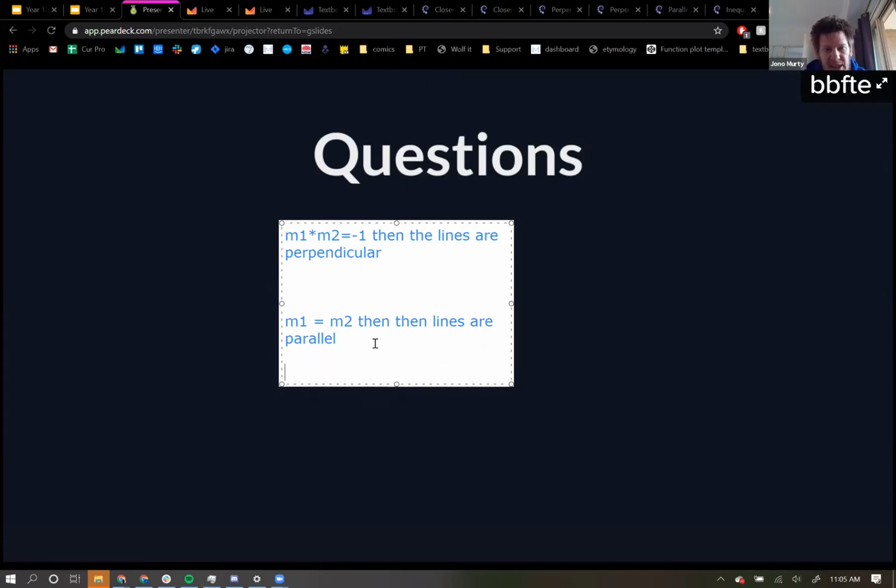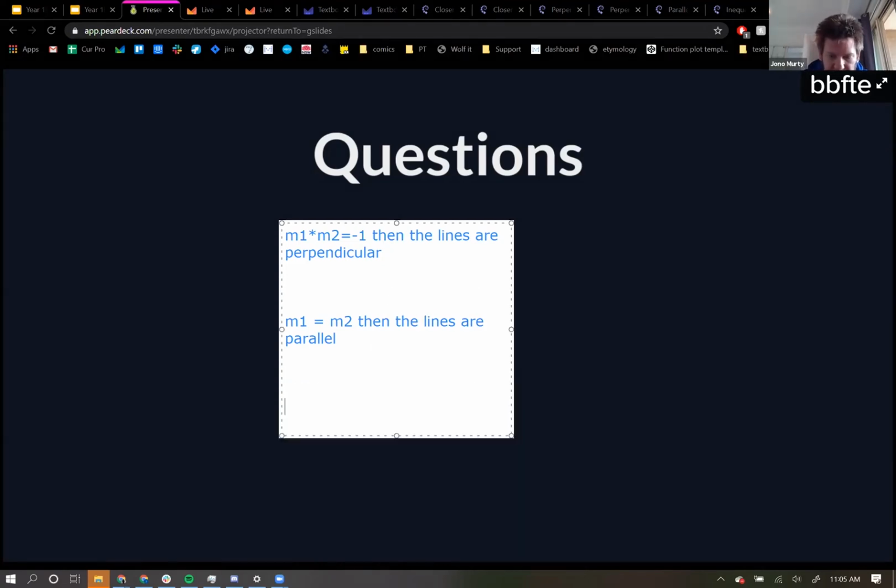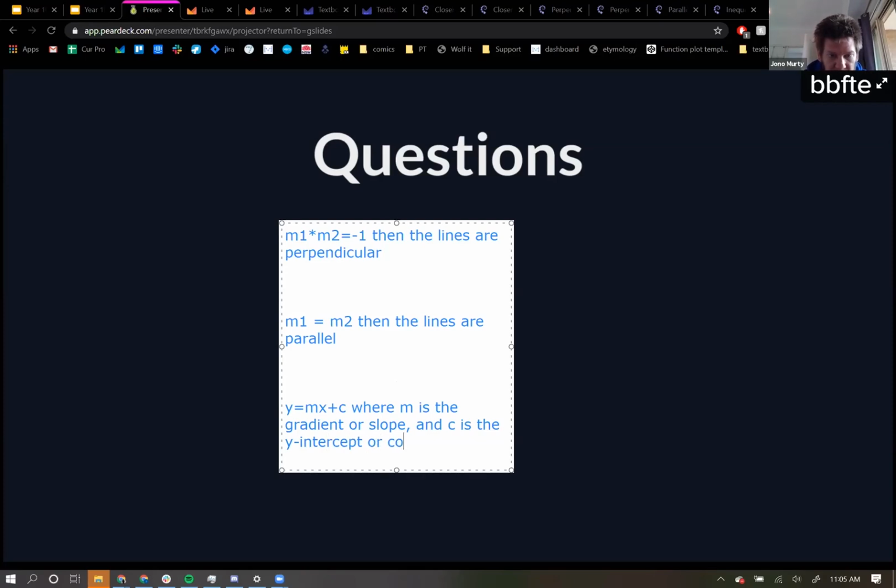If m1 equals m2, then the lines are parallel. And of course, every linear equation is of the form y equals mx plus c, where m is the gradient or slope, and c is the y-intercept or constant term.